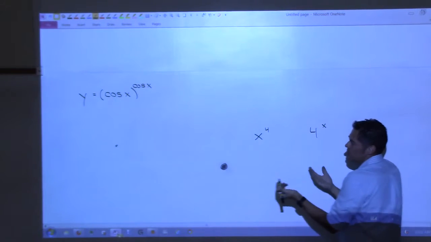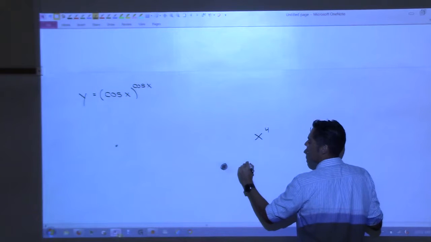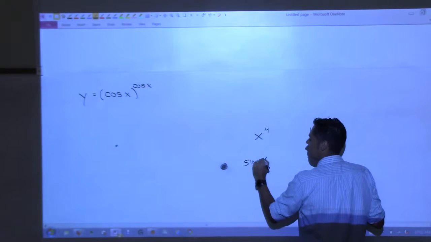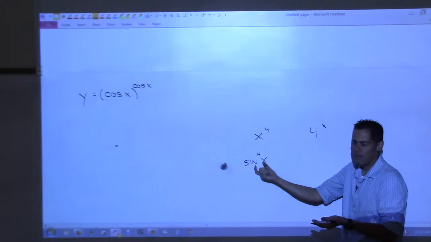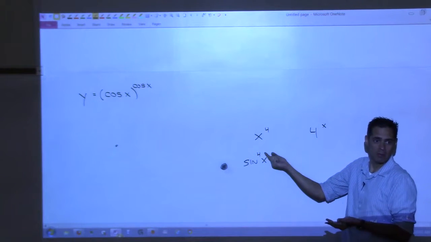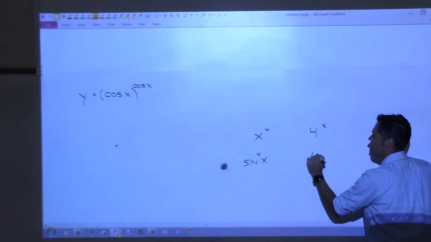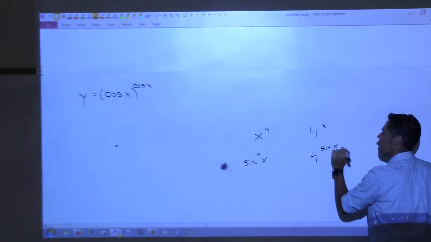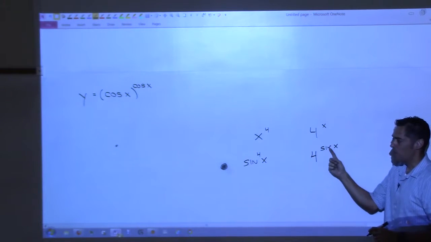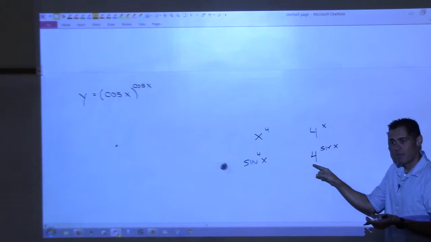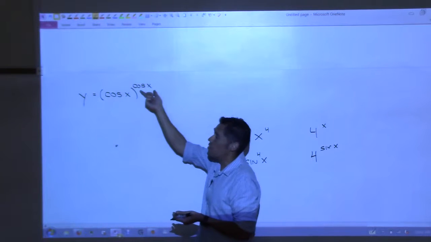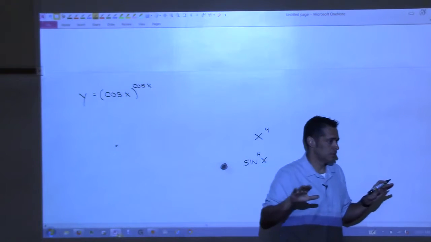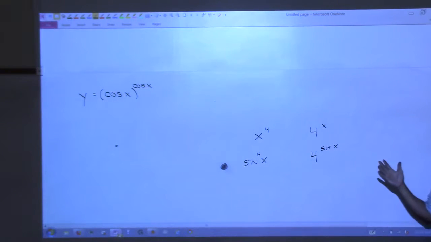You've even seen slightly more complicated problems like sine to the 4th x, but your variable is in the base, your exponent is a number. Or maybe 4 to the sine x. Here, your variable is in the exponent, but your base is a number. You've never had your base include your variable and your exponent include your variable. Is that safe to say you've never seen that before?